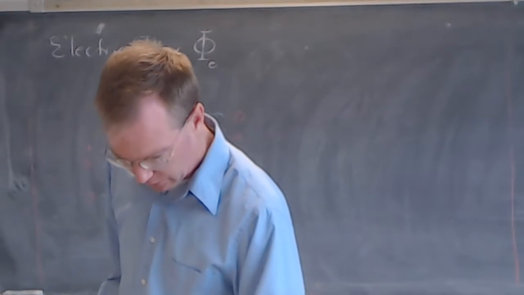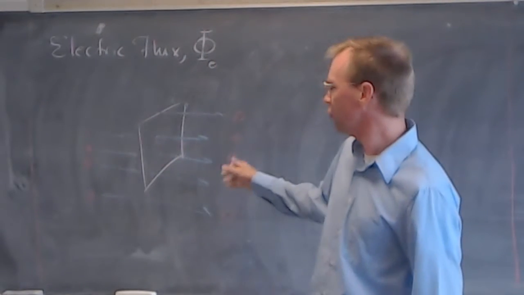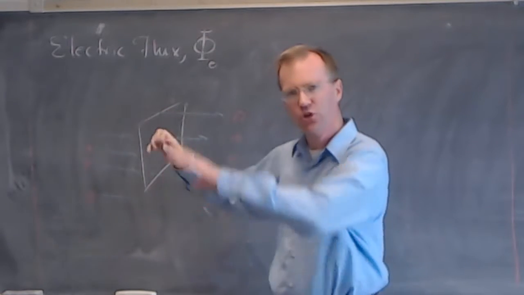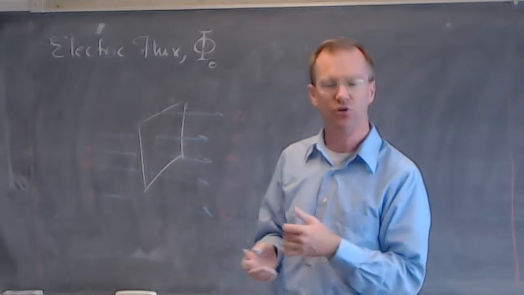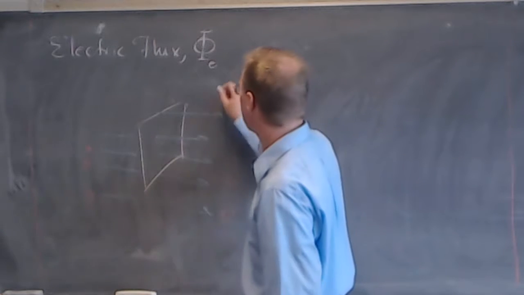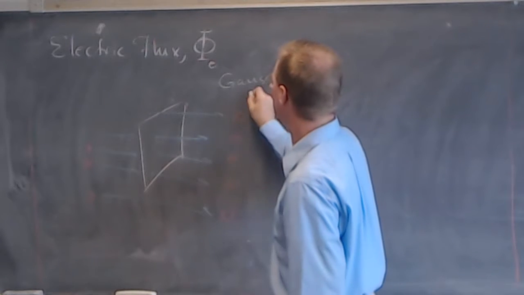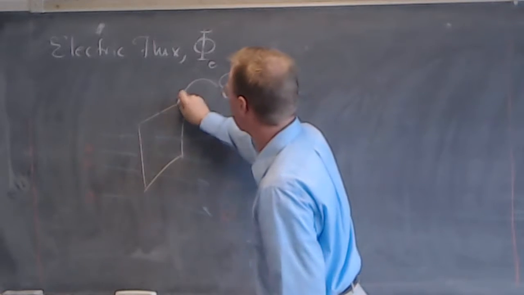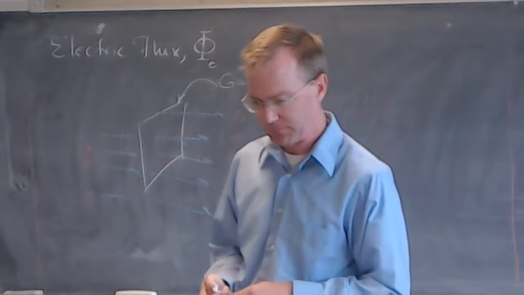Okay. So we're going to use, in order to measure what's going on with the charge and to tell what's happening with the field, we're going to make use of these imaginary surfaces drawn out in space, surrounding charges or surrounding some region of space we want to measure things in. These surfaces are called Gaussian surfaces, because Carl Friedrich Gauss had come up with the idea of doing this.